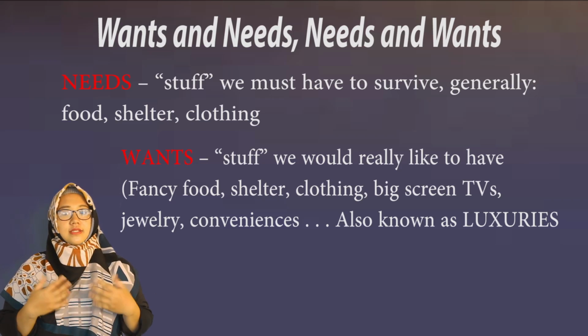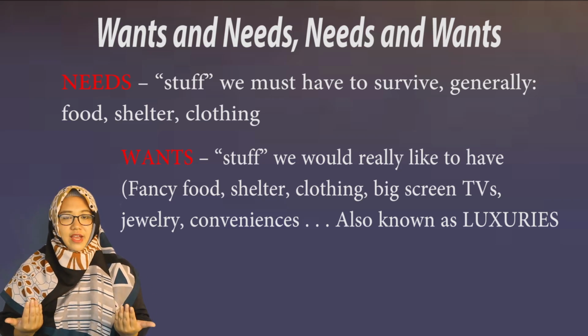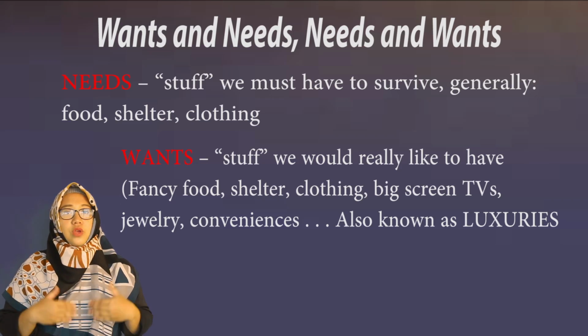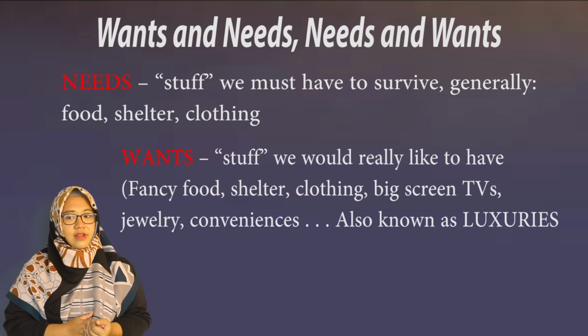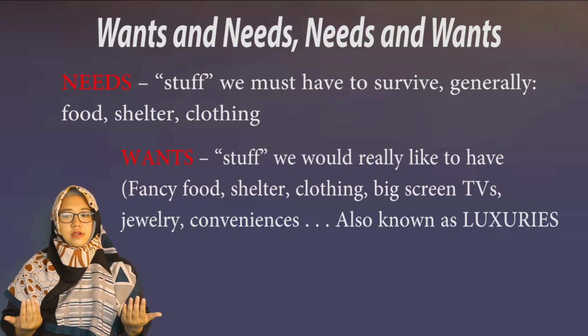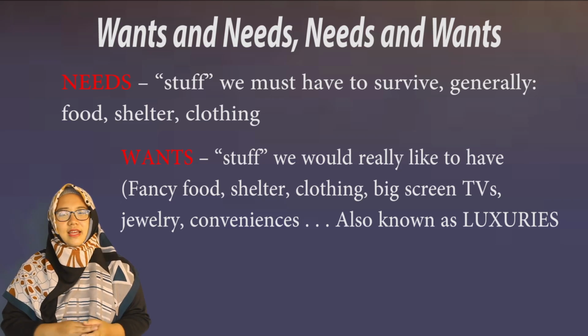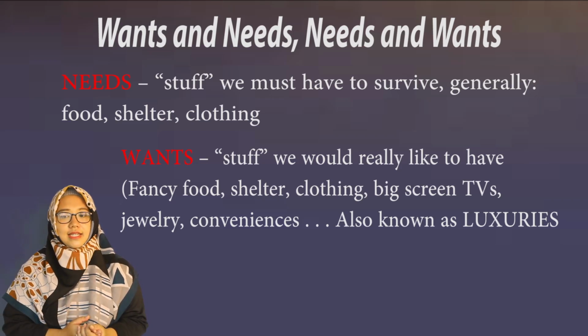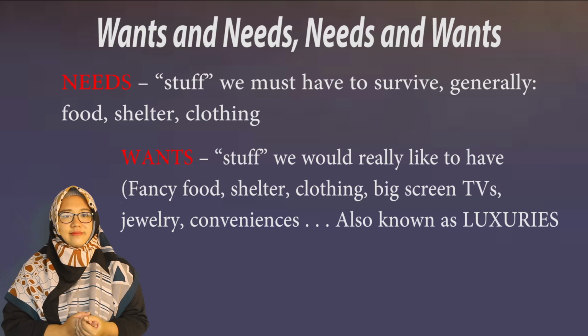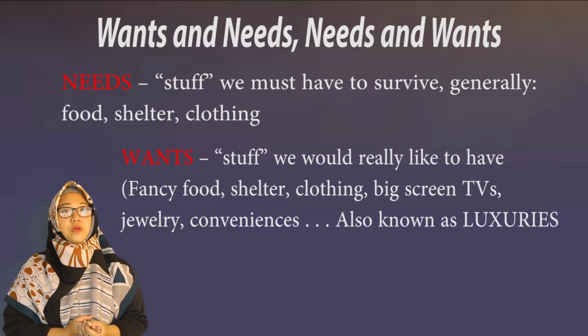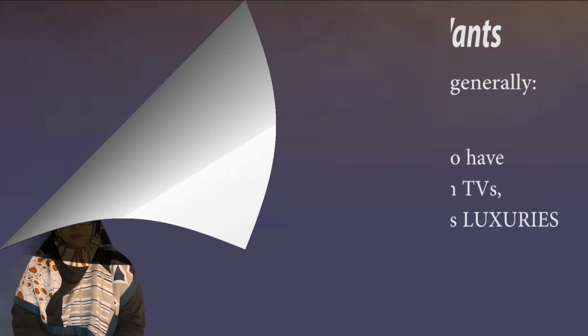Needs are related to stuff we must have to survive, and wants are stuff we would really like to have. Fancy food, shelter, clothing, big screen TVs, something like that. We also know them as luxury things, as wants. That's the difference between needs and wants.